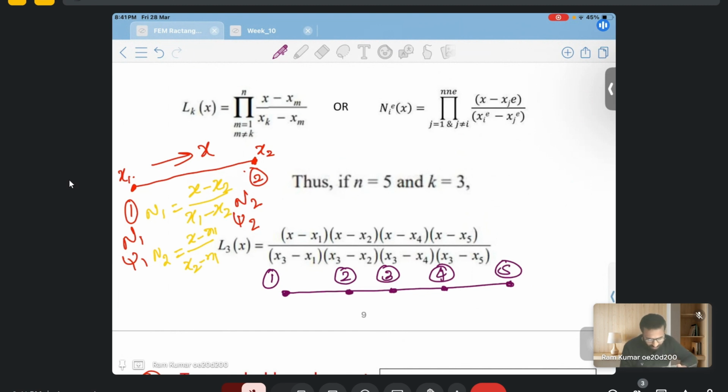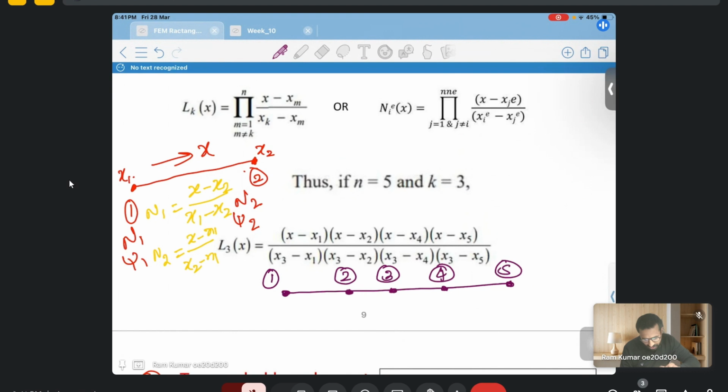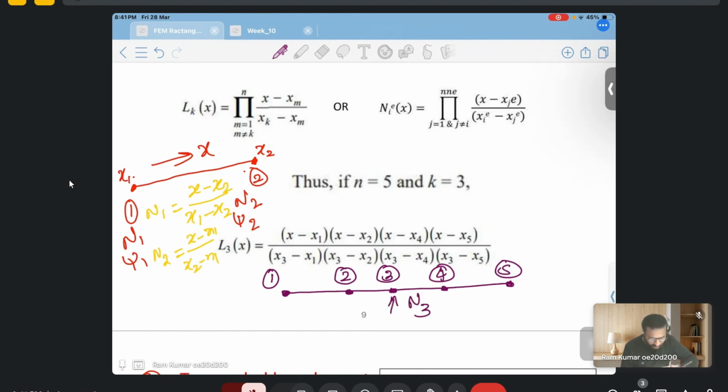And I want to find the shape function for node number 3, that is N3. How can I find it? One thing we have to remember: for whichever node we want to find, we have to keep that one in the denominator.